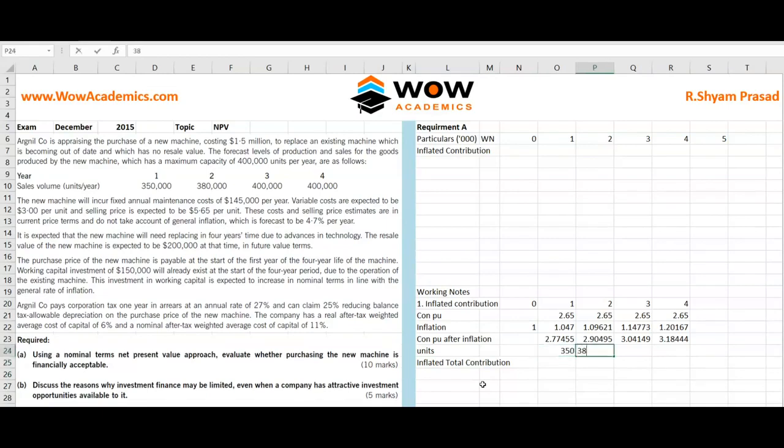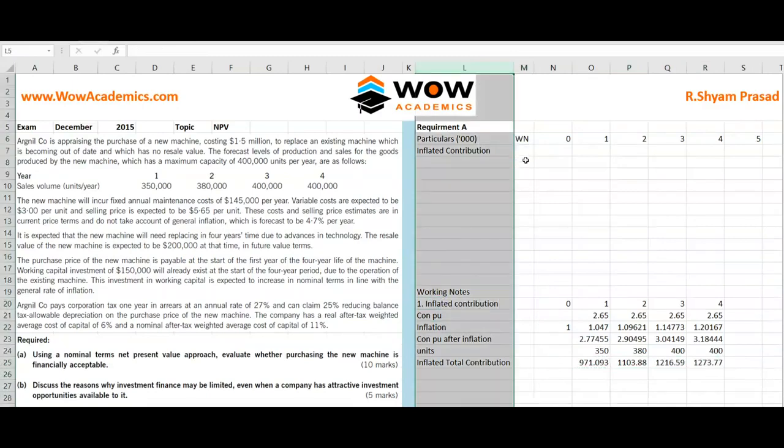So it's 350, 380, 400, and again 400. We'll multiply the contribution per unit into the units. We got the total contribution. So we have done our first working note. We'll leave some space, and this is our first working note.